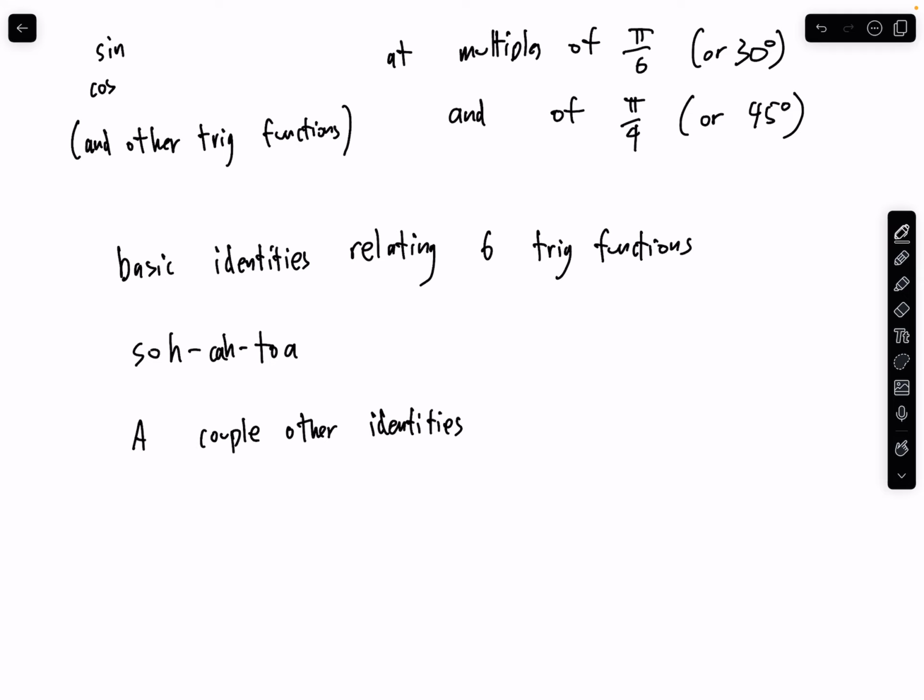When I say a couple, really the only ones I think about are sine squared plus cosine squared, and then maybe we'll throw in 2 sine. That one's sort of iffy, honestly, because I only remembered that one recently. Okay, and then also graphs. You should be able to graph any of the 6 trig functions.